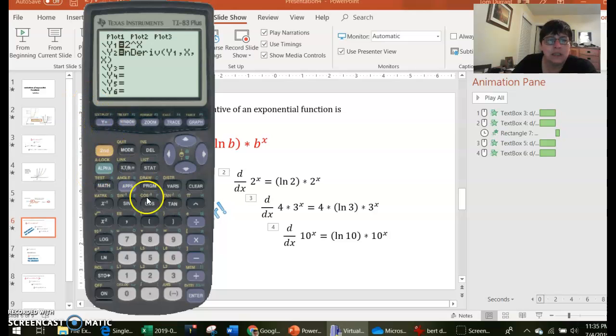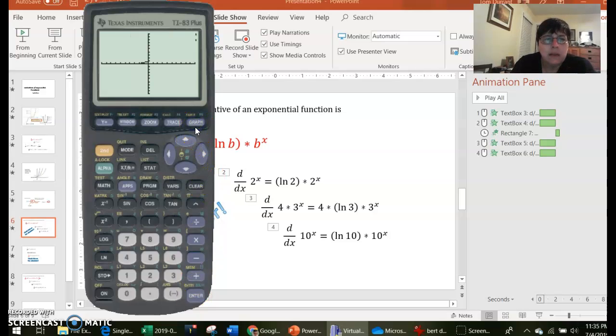If we change this to 3, and I'm going to change the line to bold. So there's the 3 to the x, and here's the numerical derivative. And it's almost the same.